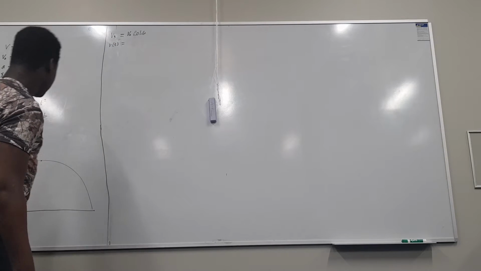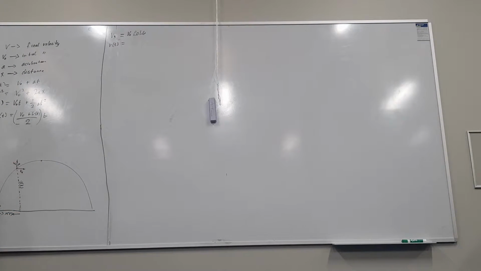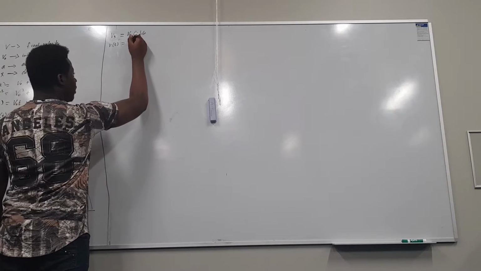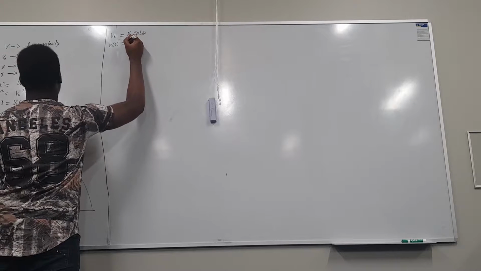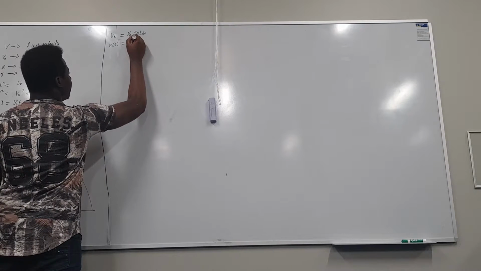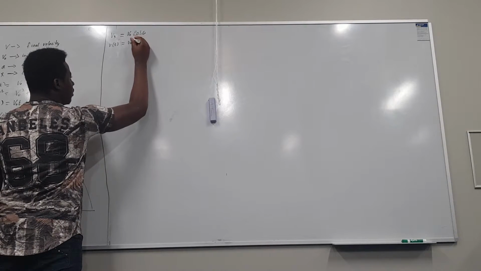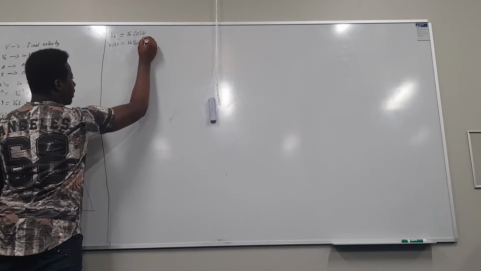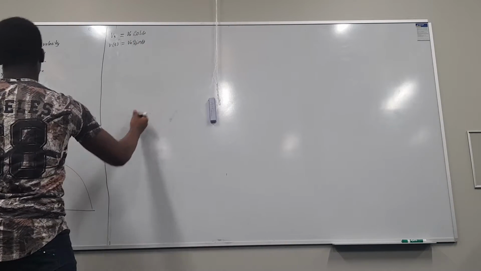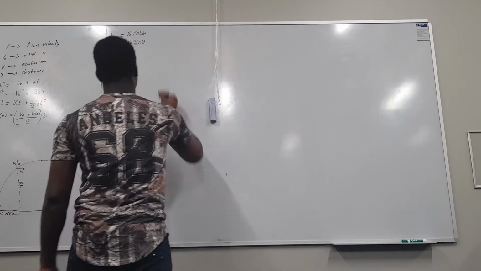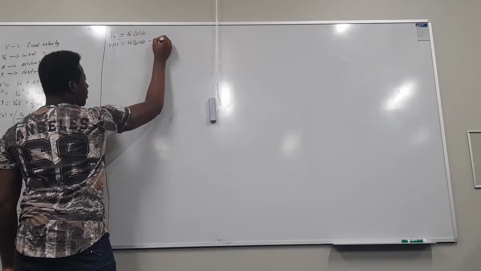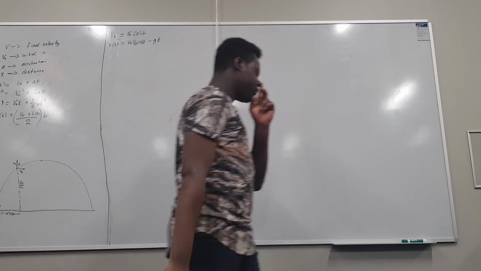Since it's projected at an angle, it's going to be sine of that angle. So it'll follow this equation as analog: v naught sine of the angle theta minus gt, because it's going to gain gravity, so it's minus gt. Right, so yeah, that's that.